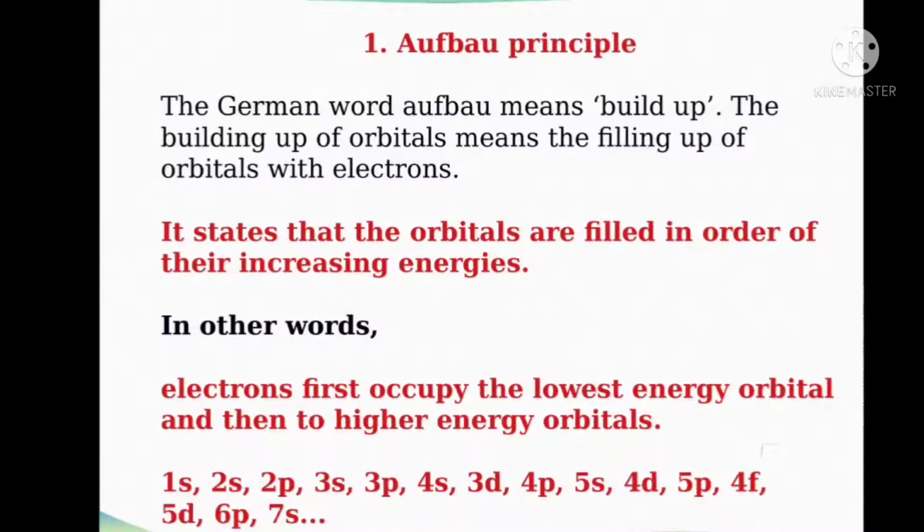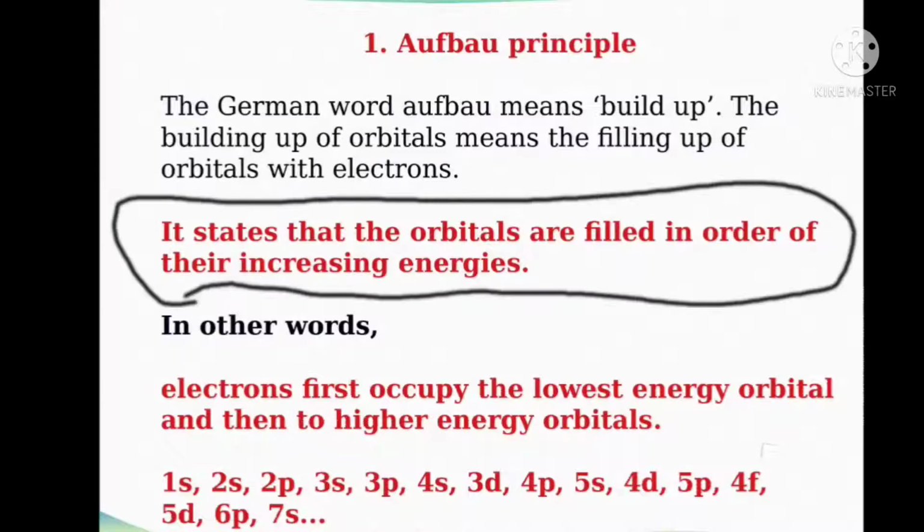The building up of orbitals means the filling up of orbitals with the electrons. And the principle states that orbitals are filled in the order of their increasing energies. That is, electrons first occupy the lowest energy orbital and then the higher energy orbitals.